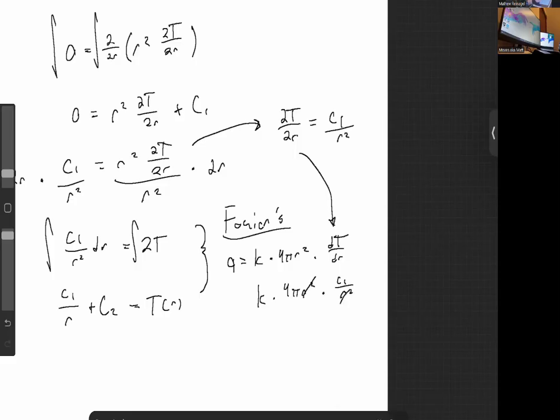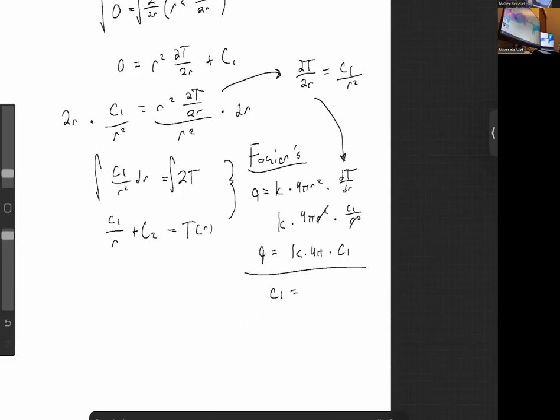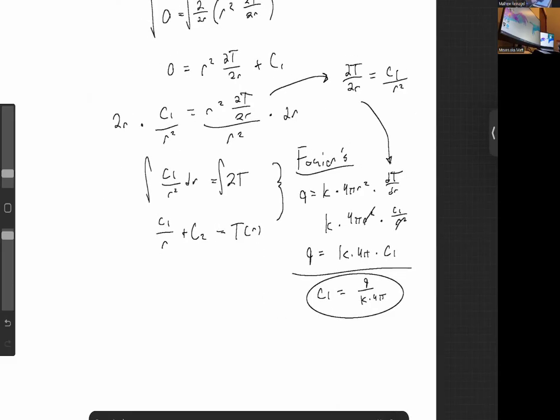The r squared is canceled out, and now we have Q equals K times 4 pi multiplied by C1. Or we can say that C1 equals Q over K times 4 pi, which is a much more important analysis in this case. So now we have a term for C1. And now we can go back and apply it to this equation.